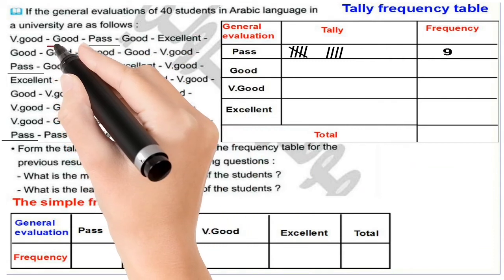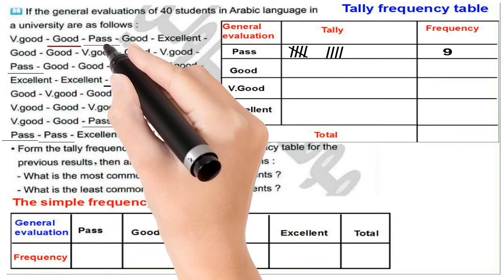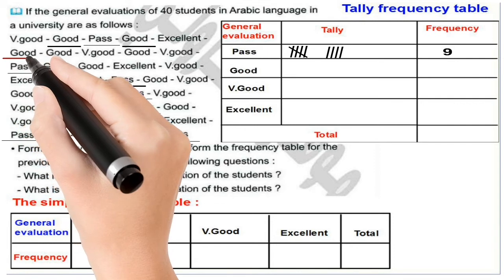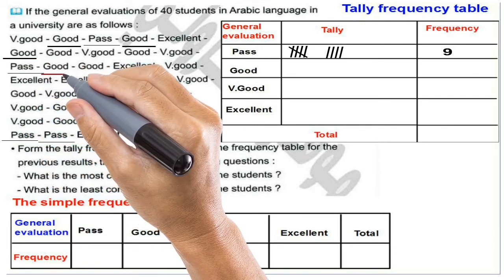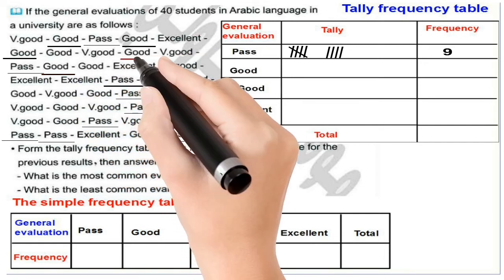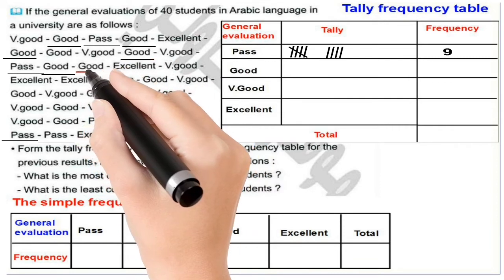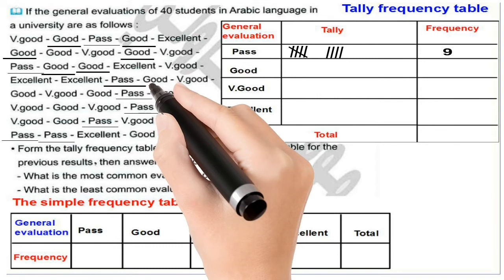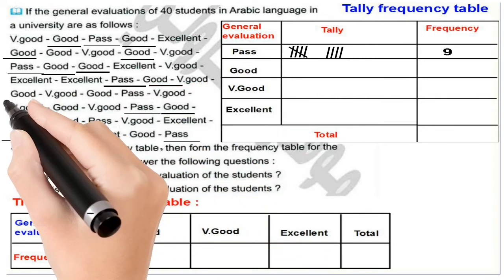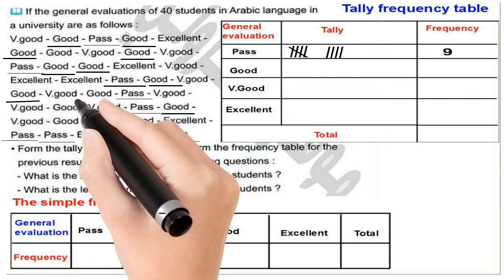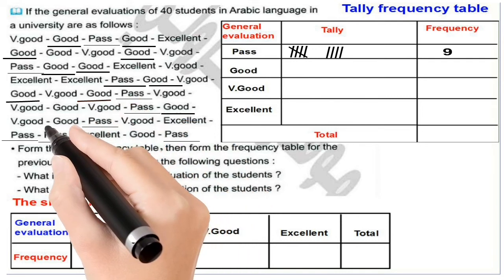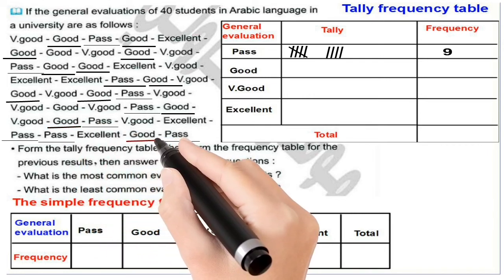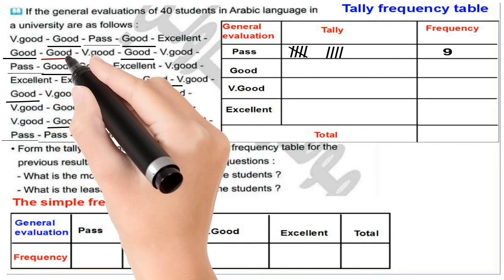And now let's count how many students get good. 1, 2, 3, 4, 5, 6, 7, 8, 9, 10, 11, 12, 13, 14.